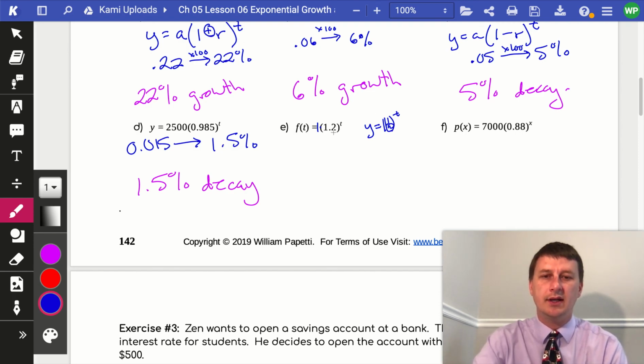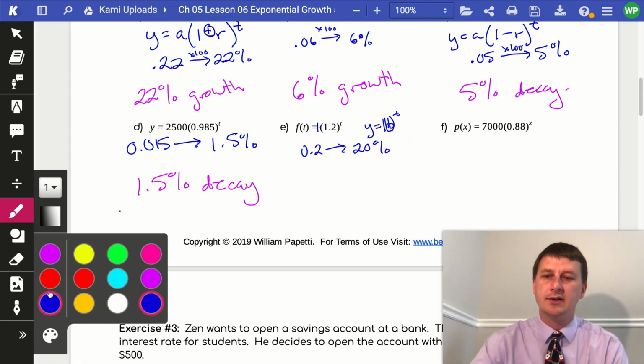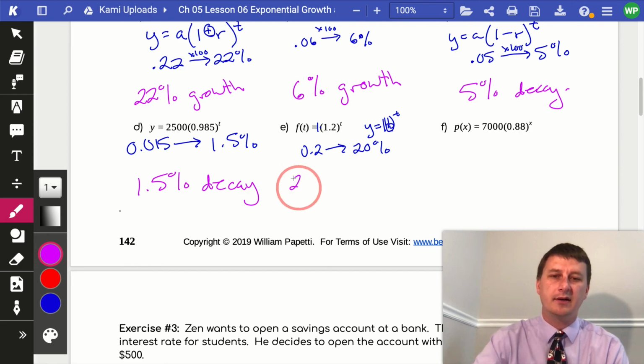So inside these parentheses, it's a number larger than 1, so it's growing. So this is going to be growth right here. And how much larger than 1 is it? Well, it's 0.2 larger than 1. And if we convert that to a percent, we're going to get 20%. So this function represents 20% growth.